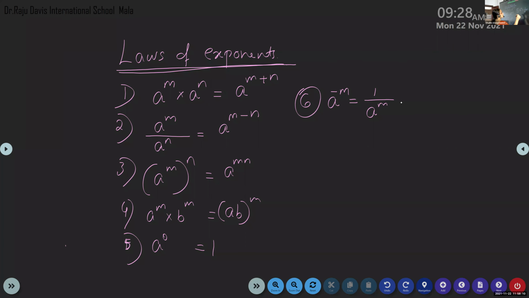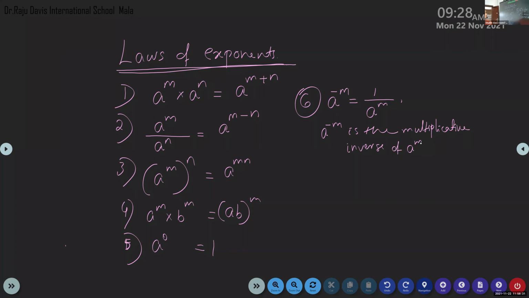Here you write: a raised to minus m is the multiplicative inverse of a raised to m.